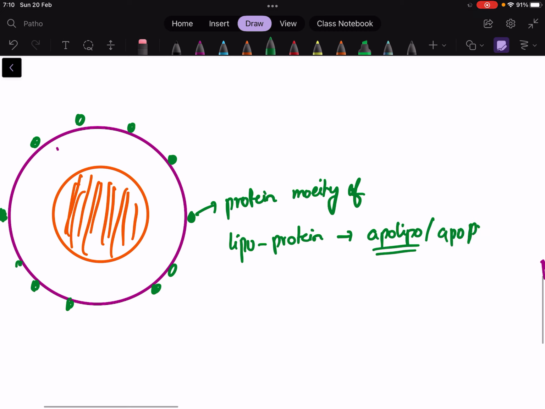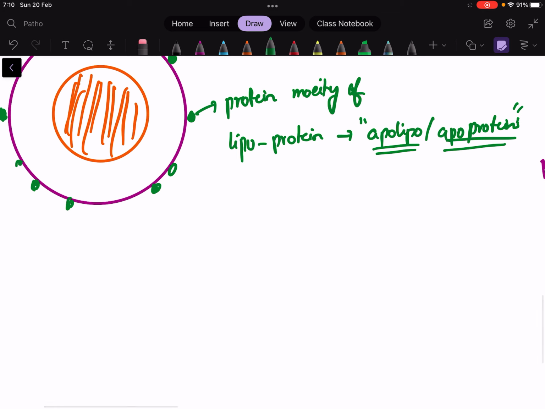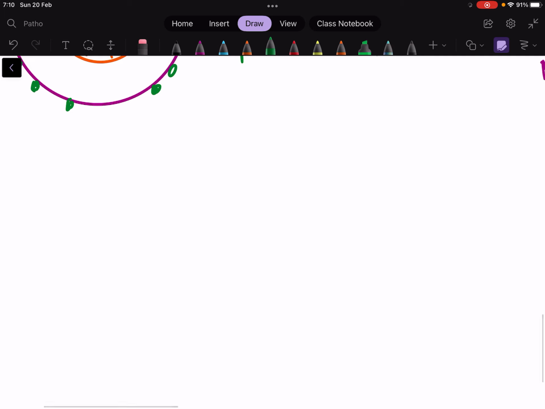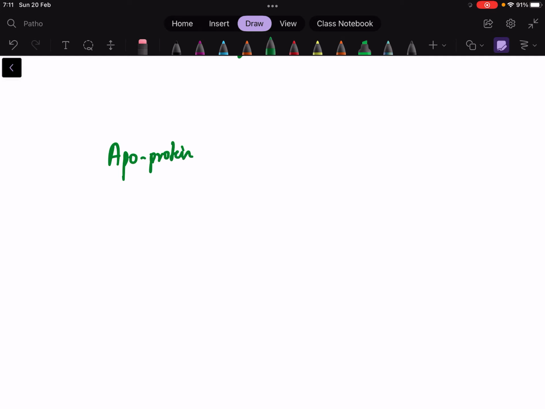Okay, they are your apolipoproteins or your apoproteins. Now you may be wondering, sir, what is apo-B, apo-C, apo-E? I already told you the protein moiety of a lipoprotein is called your apoprotein, and the apoproteins are of different types.